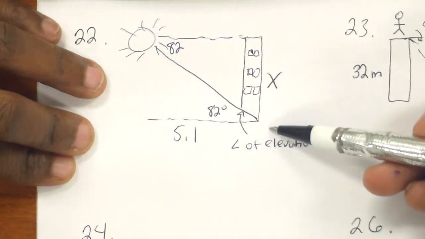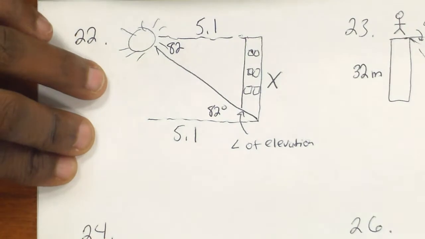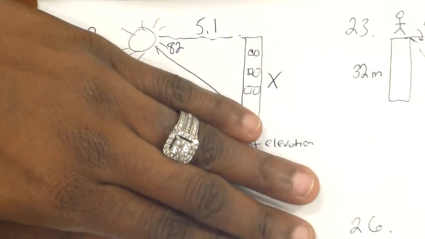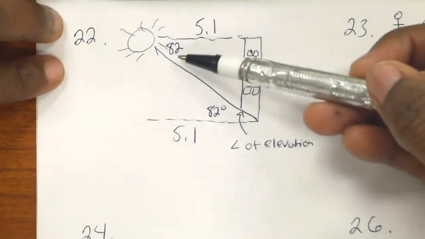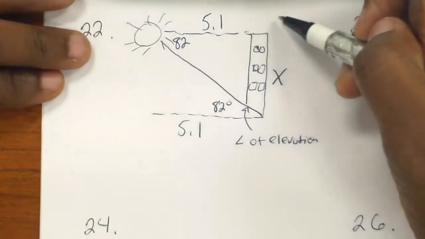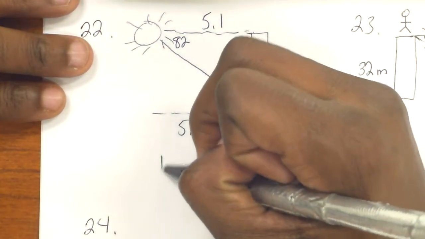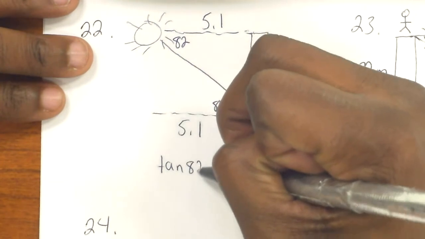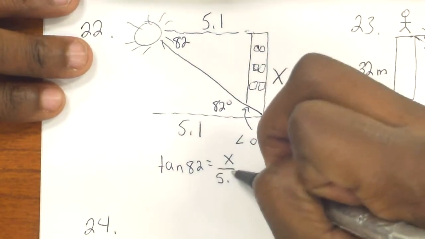If this is 5.1, then this is also going to be 5.1. So I'm kind of flipping all of my stuff so that I'm able to just look at this triangle only. So alternate interior angles, how I got this 82 up there, and then this 5.1, so that's 5.1. Got it? So then with this figure, we have opposite. So tan 82 degrees equals opposite over the adjacent.